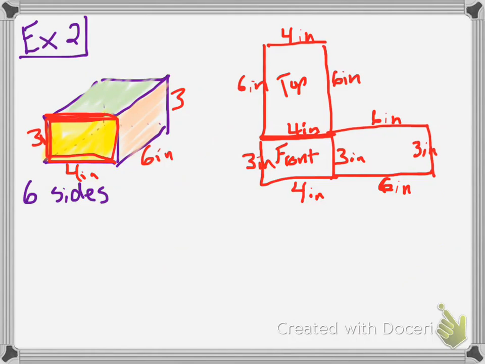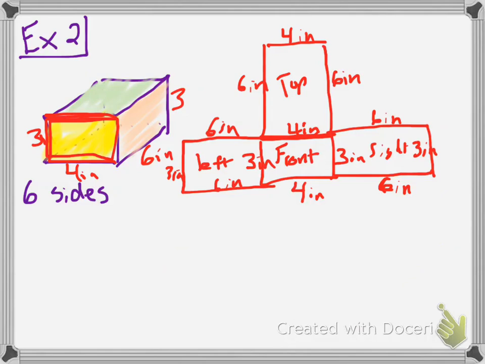And you can literally do sort of a reflection. I'm going to put the left side on the left side. If this was the right side here, I'm going to put the left side here. And go ahead and label. Well, I know that's 3 inches here. This is also 6 inches in the length.